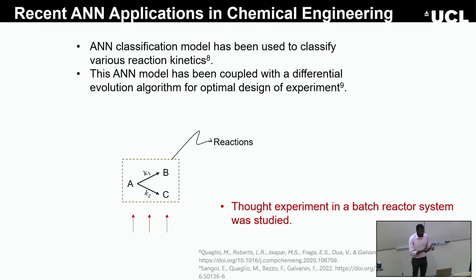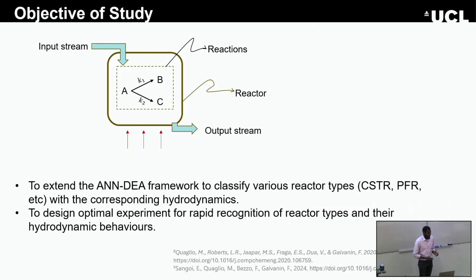So the aim of this particular work was then to extend this developed framework of the ANN DE platform to flow reactors, to real reactions. So the objectives are to extend it to classify various reactor types. We talk of continuously stirred tank reactors, plug flow reactors, and anything in between.